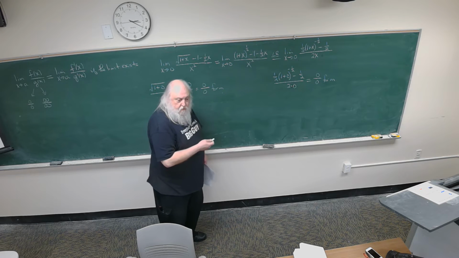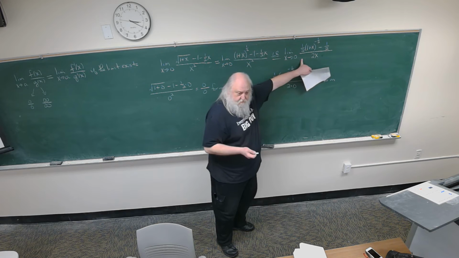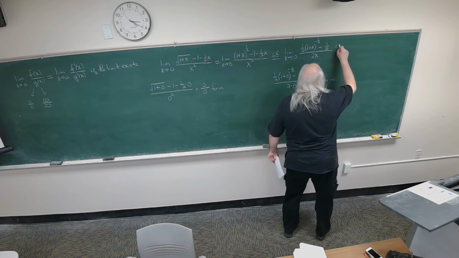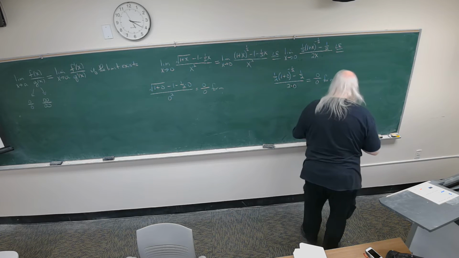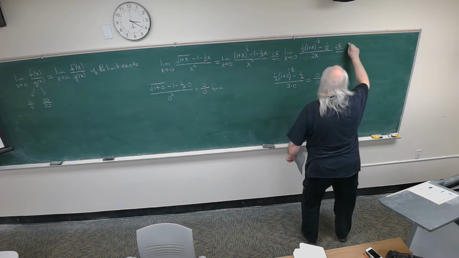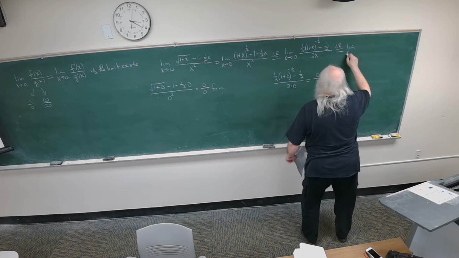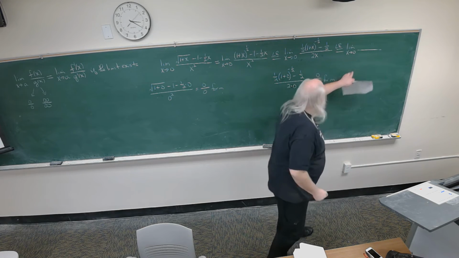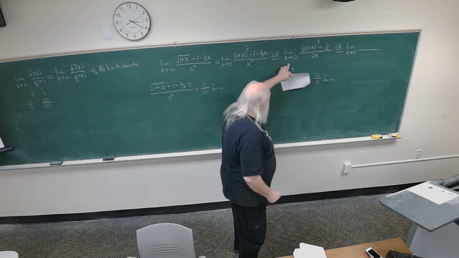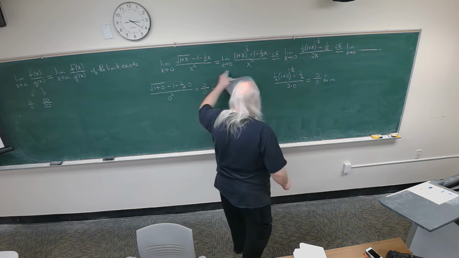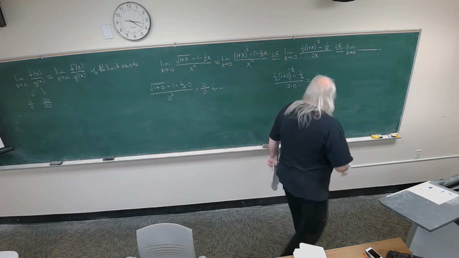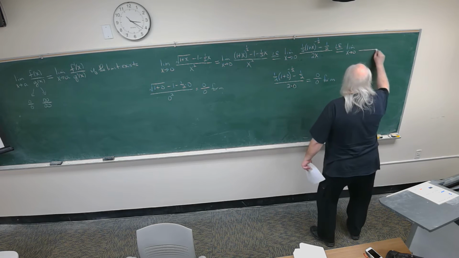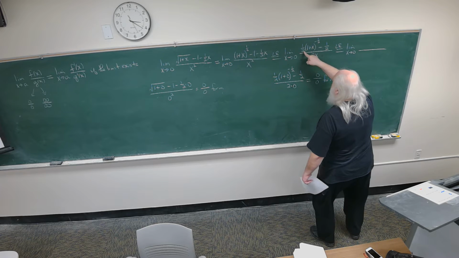Well, guess what? We can apply L'Hopital's rule to this limit. So this is equal to the limit as x approaches 0. So if this limit exists, it's equal to this limit, which is equal to this limit, our original limit. So differentiate the numerator.